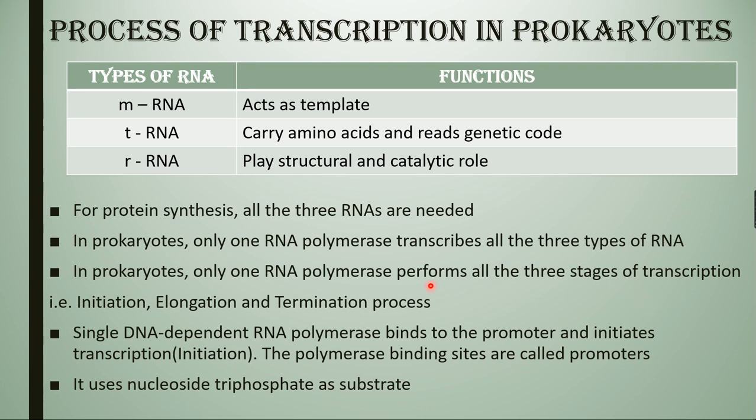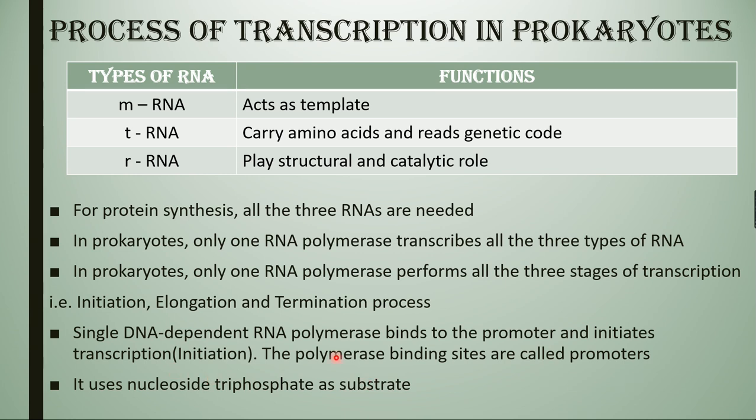What are the three stages? Initiation, elongation, termination. Right? The single DNA-dependent RNA polymerase can recognize and bind to the promoter site, initiate and start the transcription process. This process is called initiation.